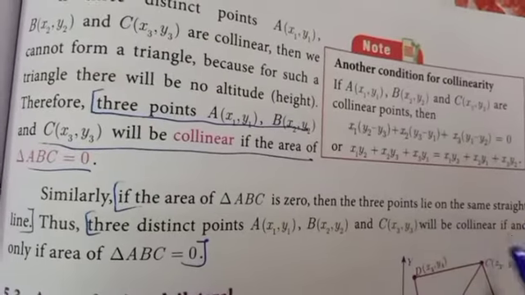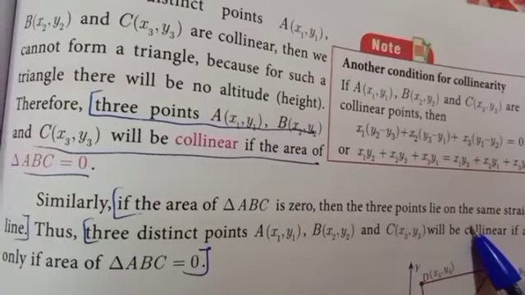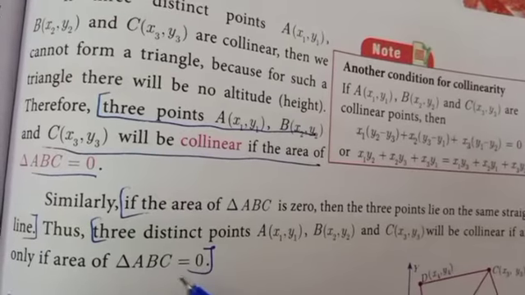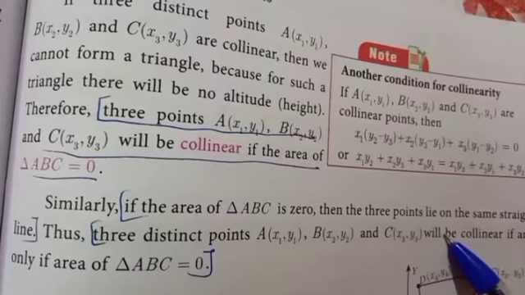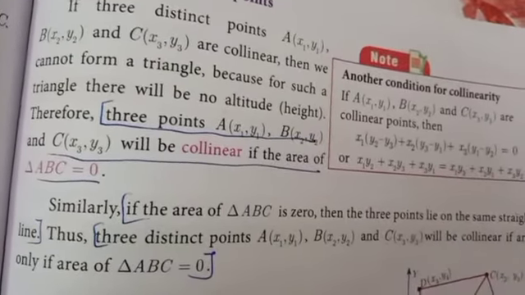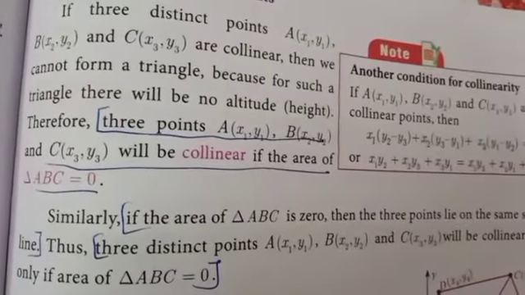What is the meaning of if and only if? For these 3 points to be collinear, the area of the triangle must be 0. Otherwise, if the area of the triangle is 0, we conclude that the 3 points are collinear. Students, these points are important one word questions, so remember them.